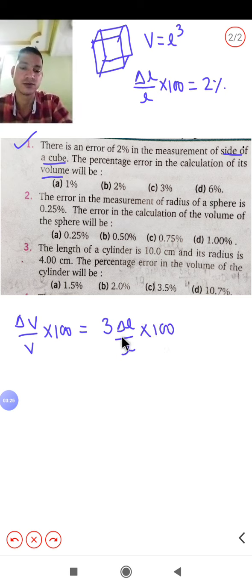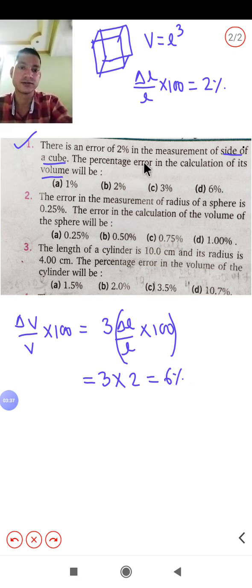Now this part is already given here, 2%. So here my error will be 6%. Percentage error in the calculation of volume will be 6%. Here you need to remember the formula, and the remaining calculation is easy.